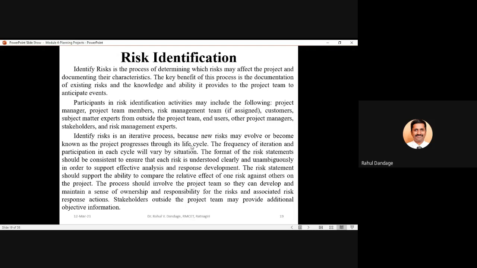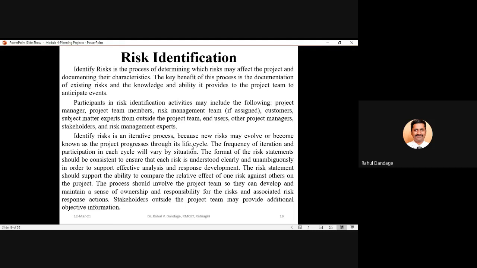And not only anticipate the risk events, they will also have the characteristics available to know the possible effects of this risk on your project.